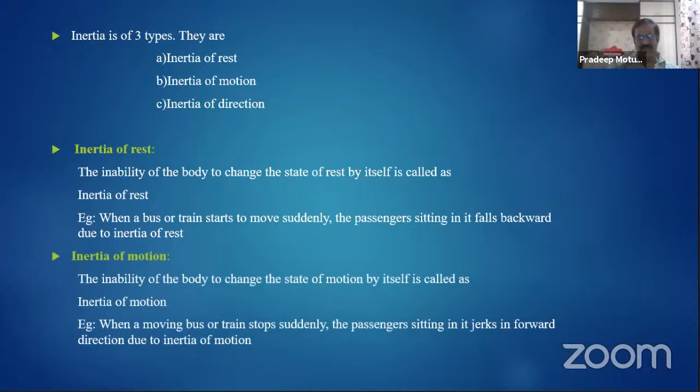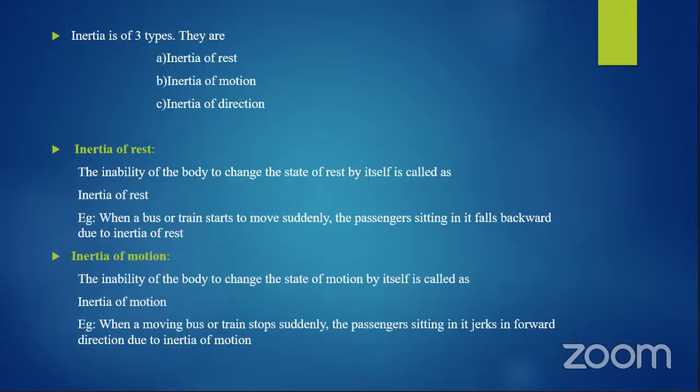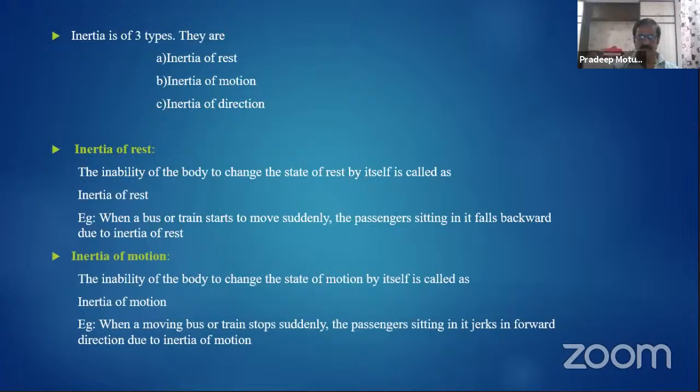Next, what is inertia of motion? The inability of the body to change its state of motion by itself is called inertia of motion. I already showed the pictures. A person standing in the bus, the bus stops suddenly, and the passenger in the bus jerks forward. That is due to inertia of motion.